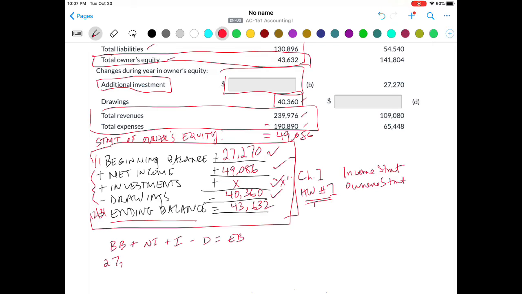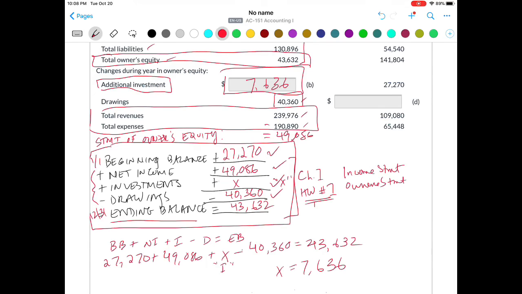So that gives us 27,270 plus 49,086 plus X. Okay, you can also put I in there for investment. Minus 4,360 equals 43,632. We solve for X. I'm not going to do the math here on the screen, but you solve for X, you get 7,636, and that's the answer.